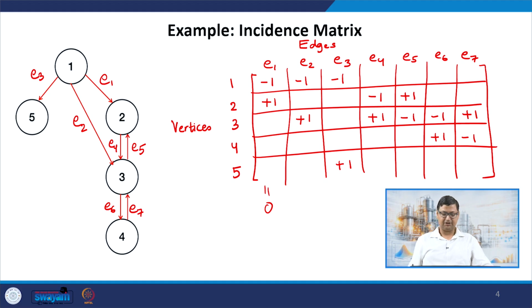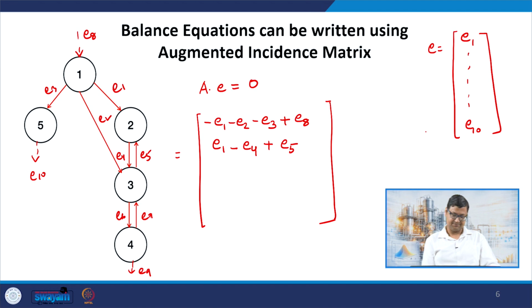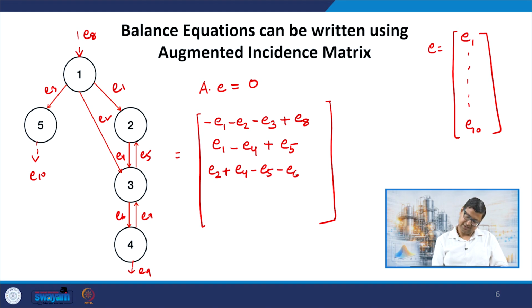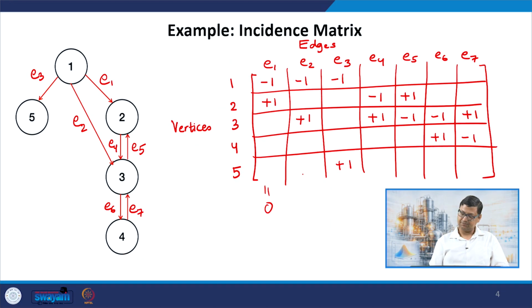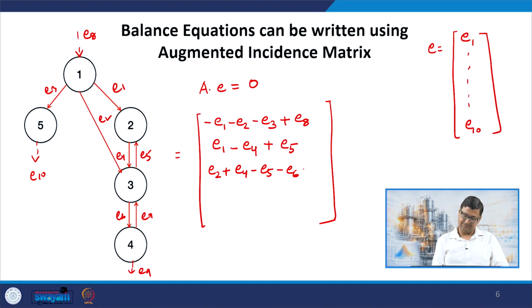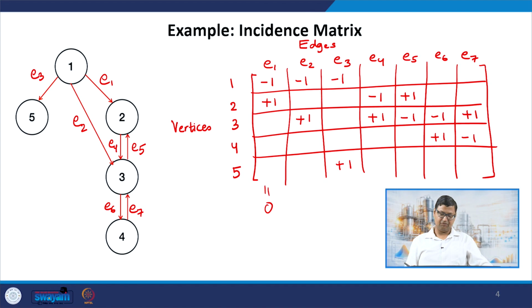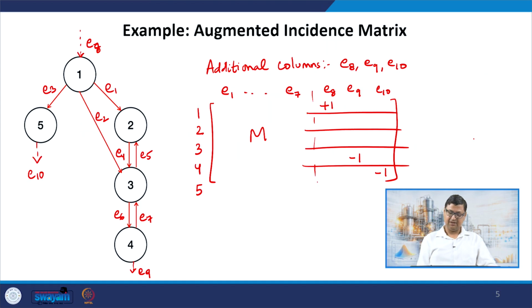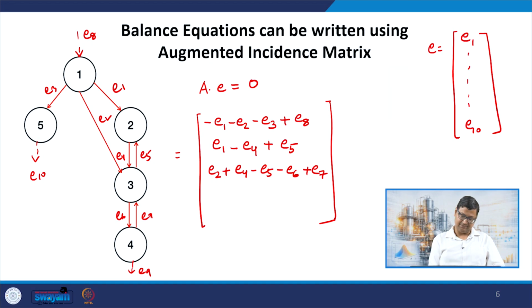And then for the third one, we have E2 plus E4 minus E5 minus E6, and then plus E7. And then finally, for the fourth one, we have E6 minus E7, but we also have one element here, so E6 minus E7 minus E9.